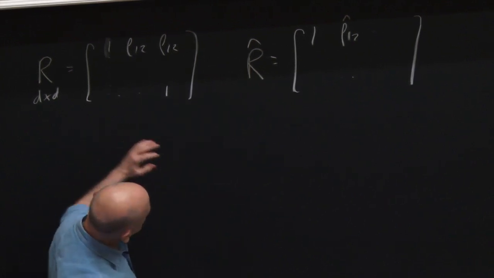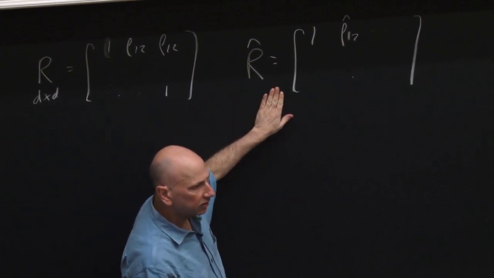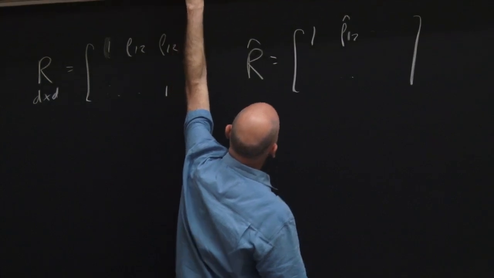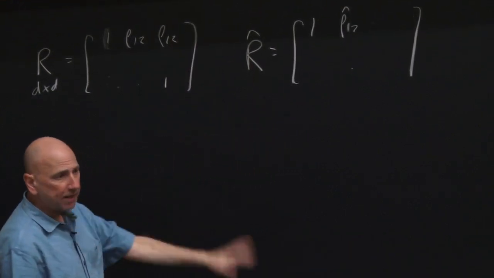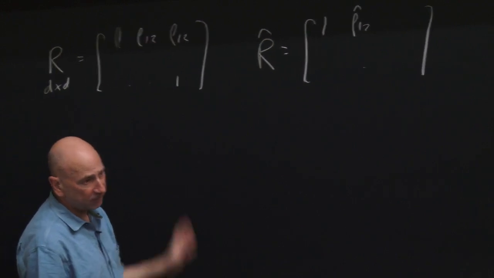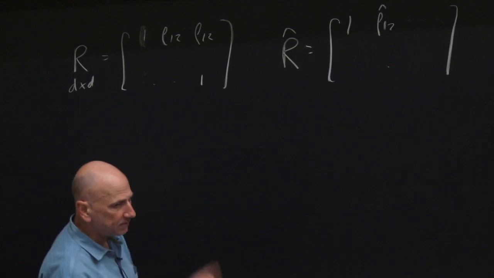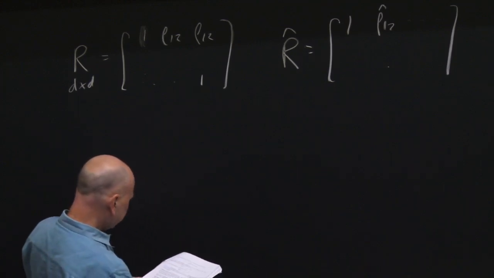So what I'm going to try to do is get a measure of how far this is from this, simultaneously over all edges in the graph, over all possible correlations. And the amazing thing is we can do this with the bootstrap if we do it a certain way. So here we go.